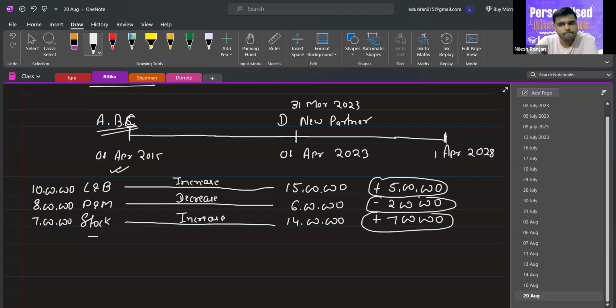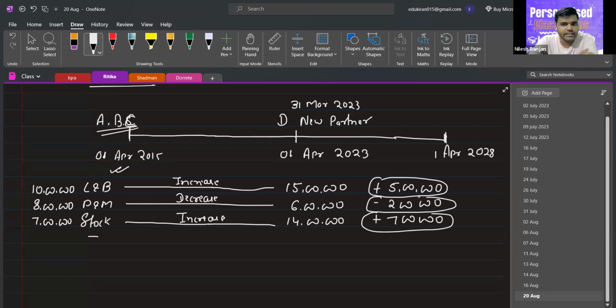Yes, sir. So you are saying that we will not give the full profit share to D in this profit. Yes, sir. So how will we decide how much profit we have to give to D? We have to calculate from the day of his admission till when it is revalued.